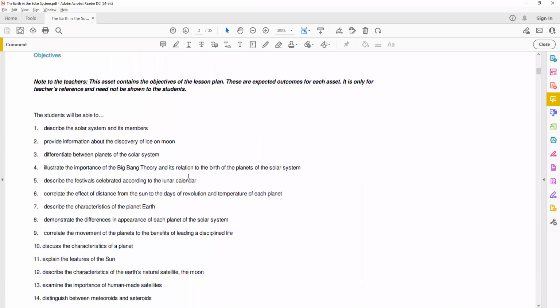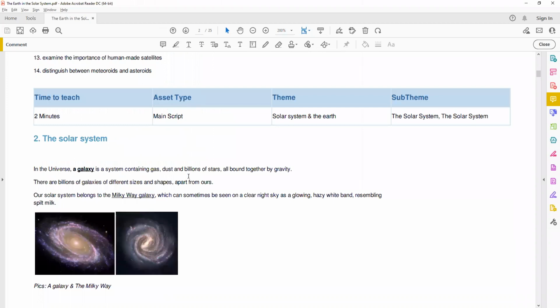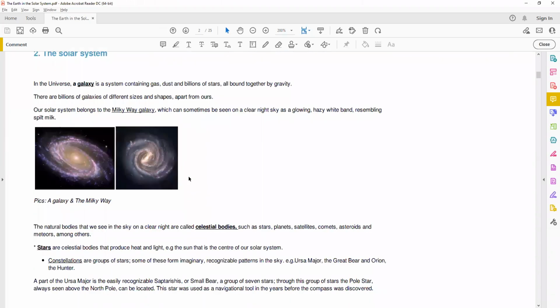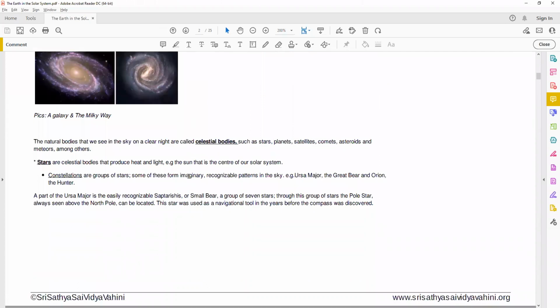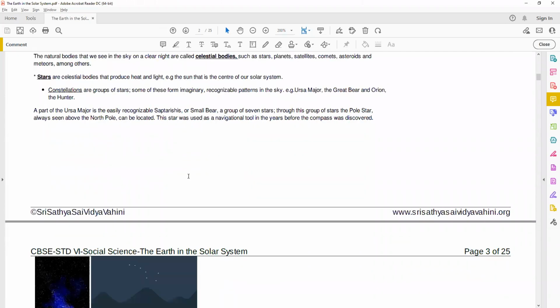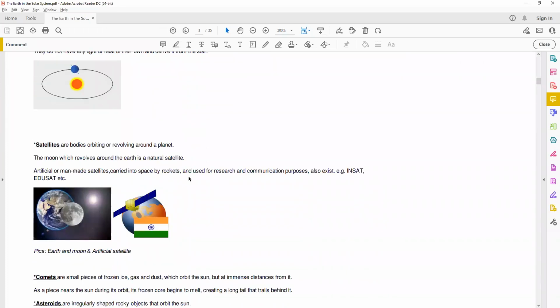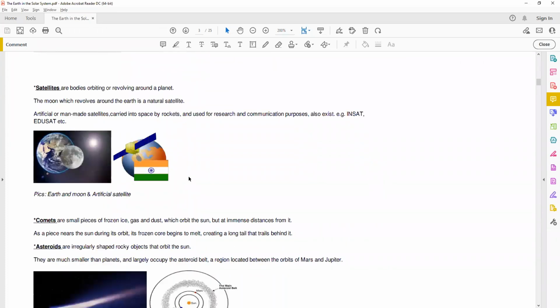So as a teacher, I go through the MLP. Okay, this is the objective of the asset. So this is solar system. It explains what a solar system is. It's a main script. There are some drawings, and some examples for satellites and comets.